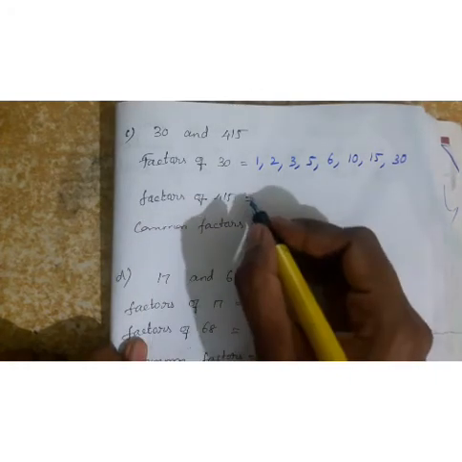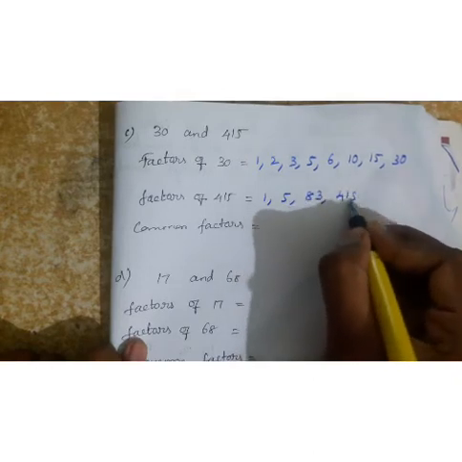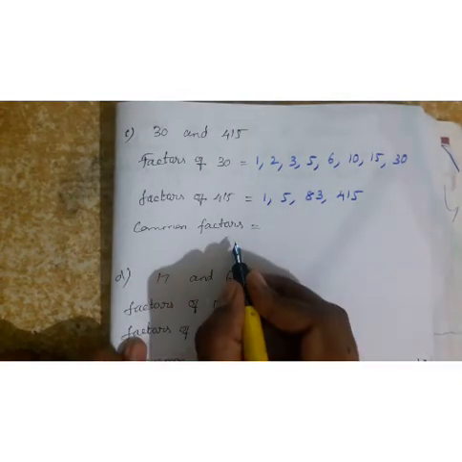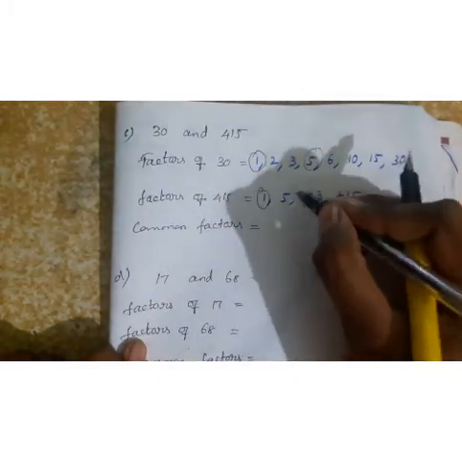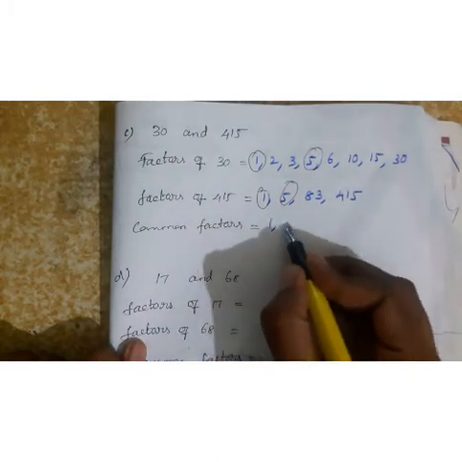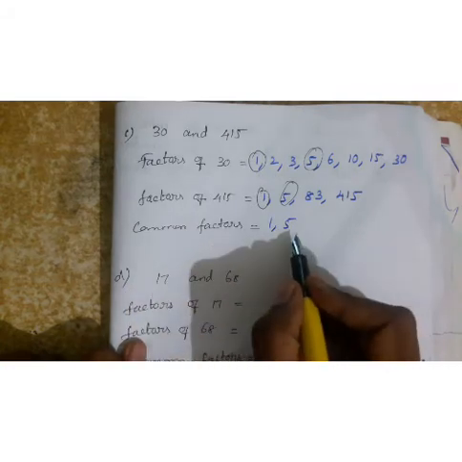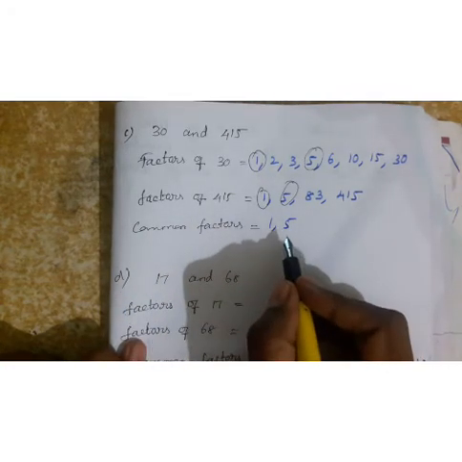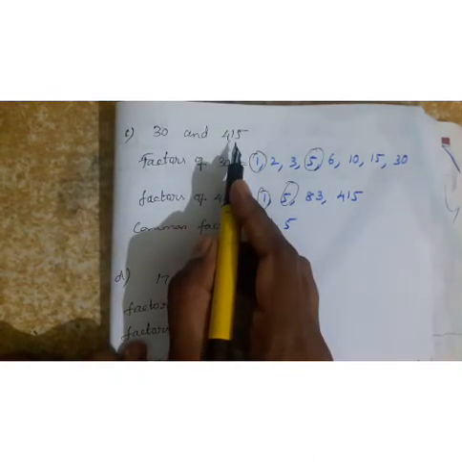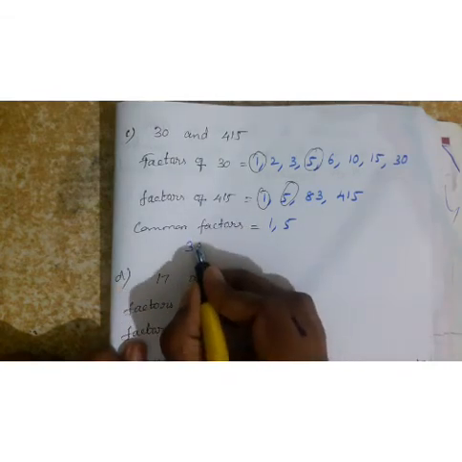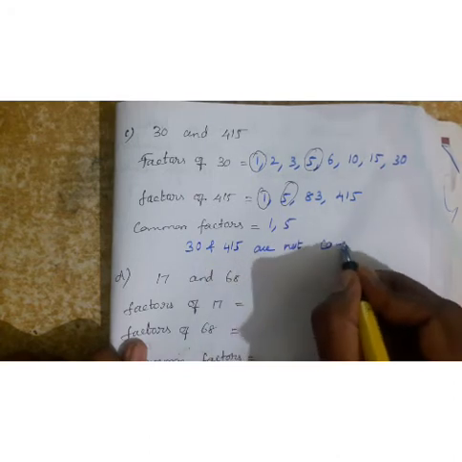Factors of 415 equal to 1, 5, 83, 415. Common factors equal to 1 and 5. Since the common factor is other than 1, hence the given two numbers 30 and 415 are not co-prime.